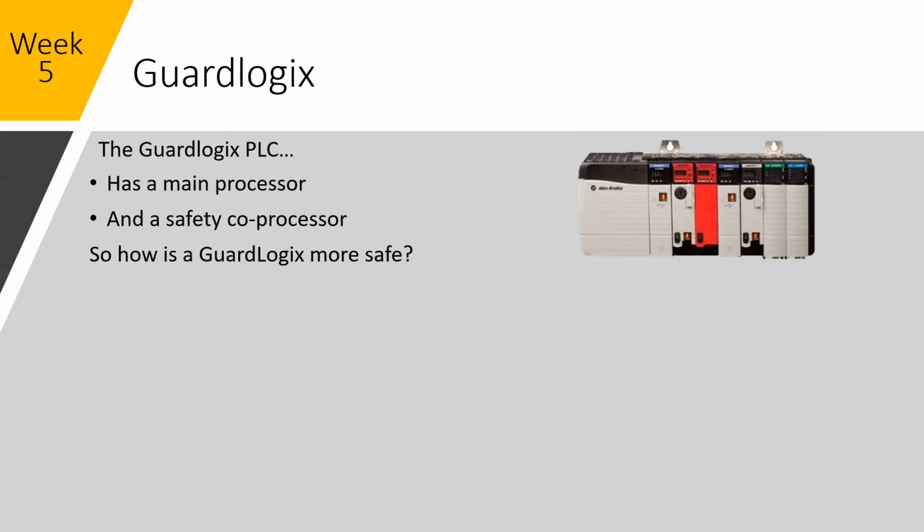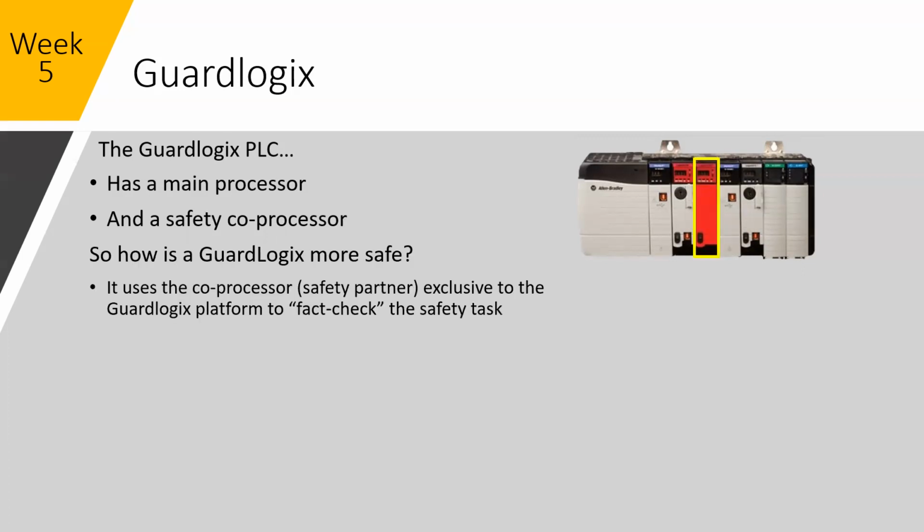So how is the GuardLogix more safe? It uses this co-processor, its safety partner, which is exclusive to the GuardLogix platform, to fact check the safety task inside the controller. You'll remember where we were setting up multiple tasks. You can have your main task, you can set up periodic tasks inside the Logix 5000 environment.